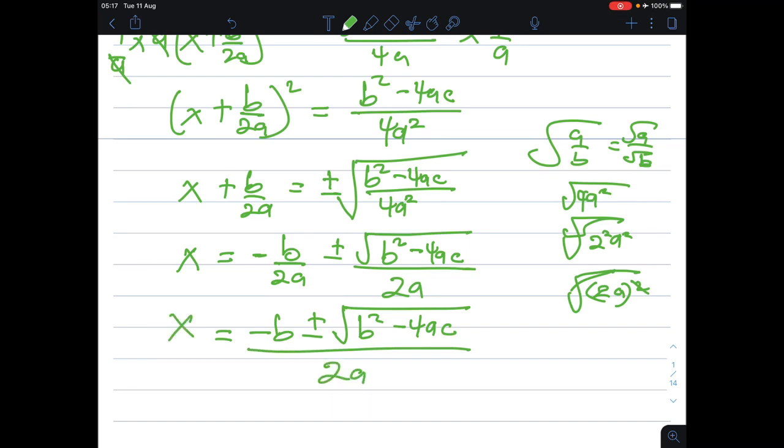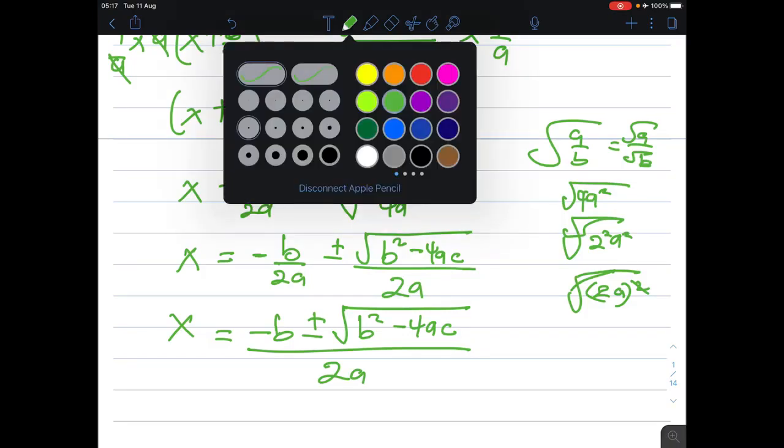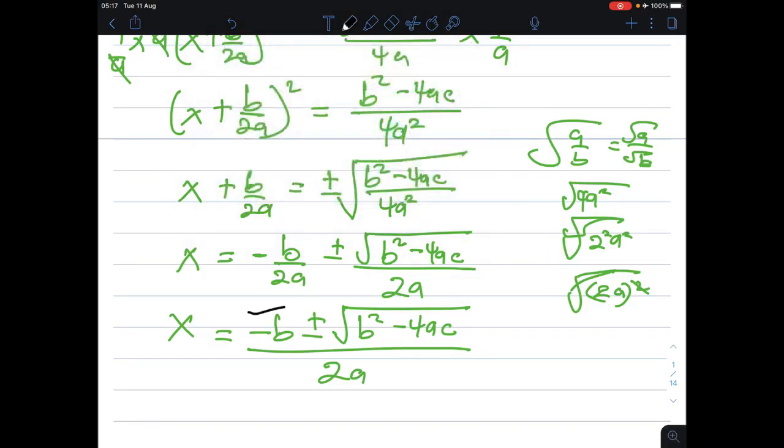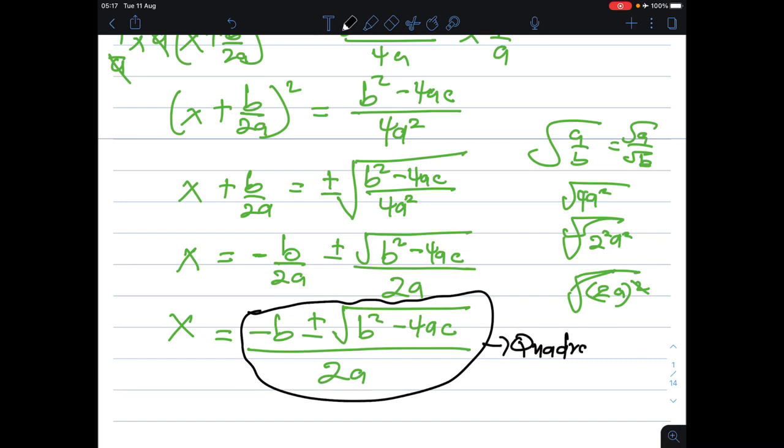Okay, so when you solve, this is what you have. And this formula has a name. Okay, normally we call it the quadratic formula. The quadratic formula we use to solve most of the quadratic equations that you will see.